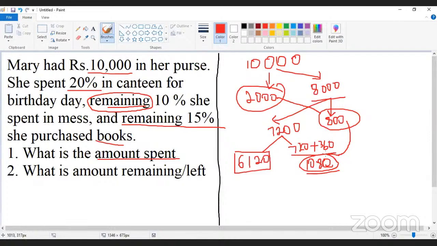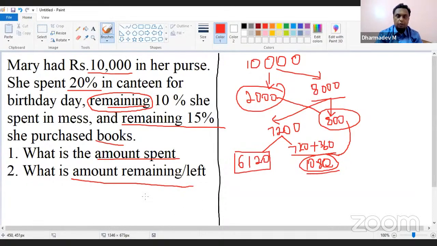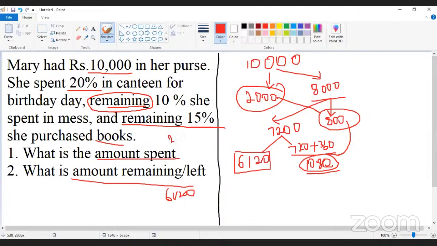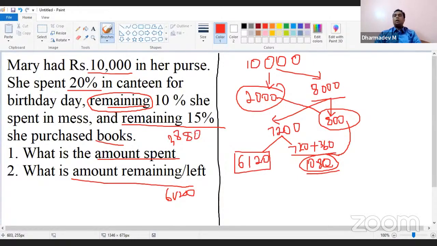These are the amounts spent. What is the amount remaining or left? That would be 6,120, and the amount spent is 3,880. Okay, we're clear with this. Any doubts?